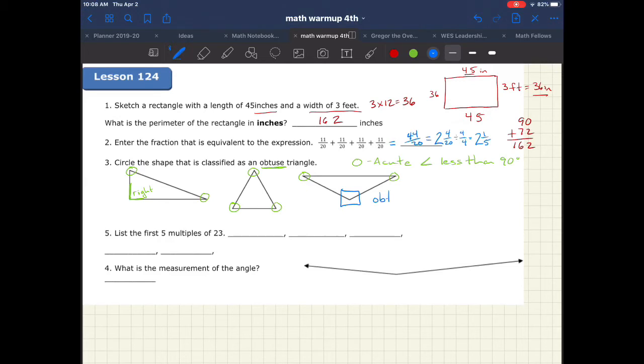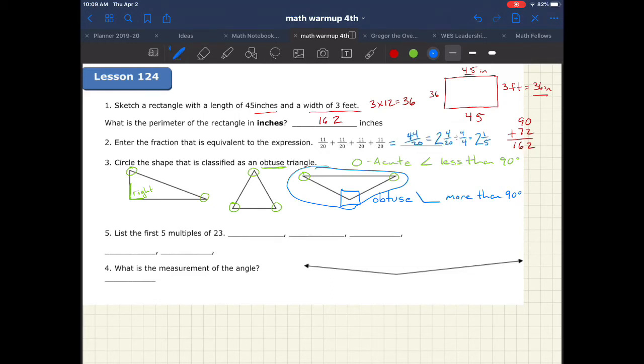That angle is obtuse, which means it is more than 90 degrees. So the only triangle that has an obtuse angle is this obtuse triangle. So we are going to circle it. So 4 and 5 got out of order here.